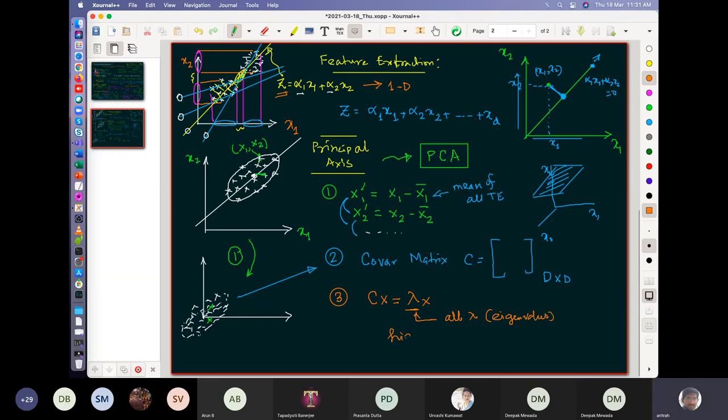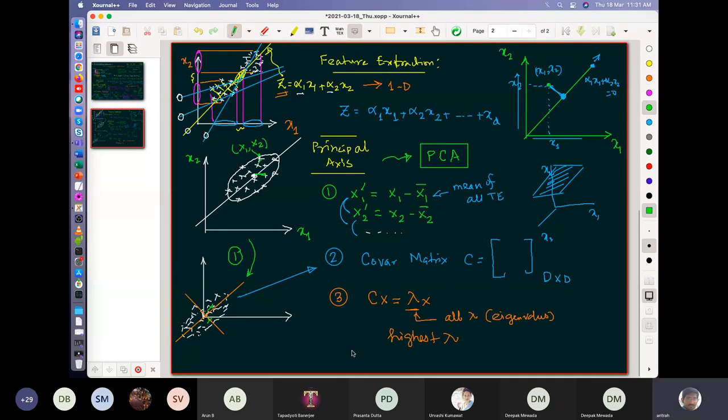Now, if you take the highest eigenvalue, the vector that corresponds to the highest eigenvalue will be your principal axis. The vector that will be the next highest will be the secondary axis, and so on.